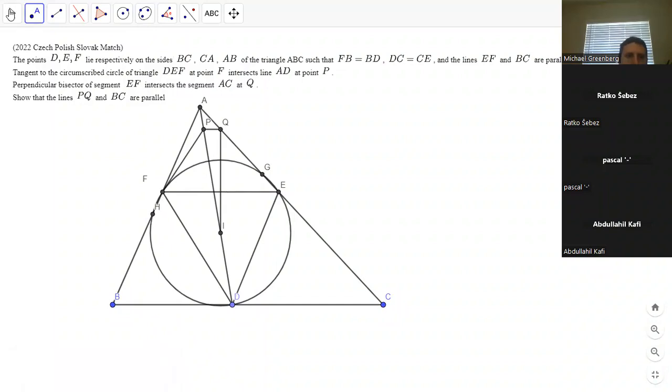So FG and AG are parallel and both perpendicular to AI.